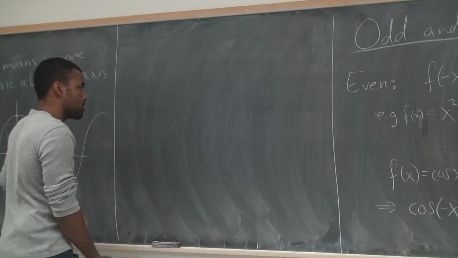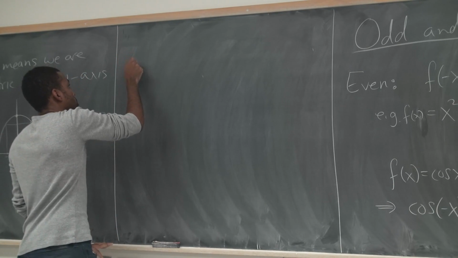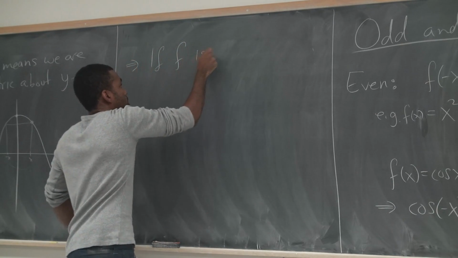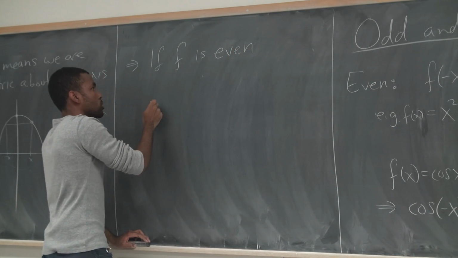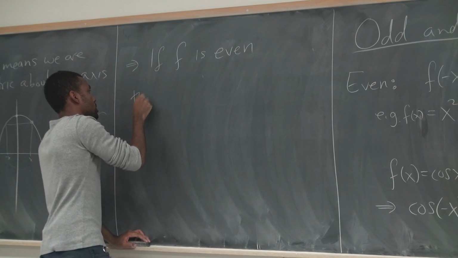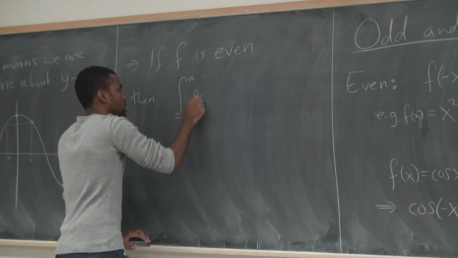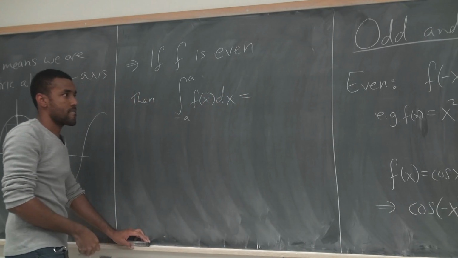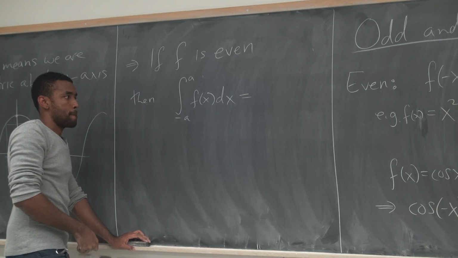So technically this is sort of calculus. This means if f is even, so a little bit of calc 1 here, not too much, then if I take the integral from minus a to a of f of x, what is that? 0? No. If it's even, it's the same number.